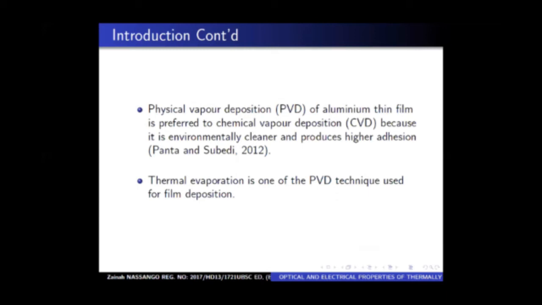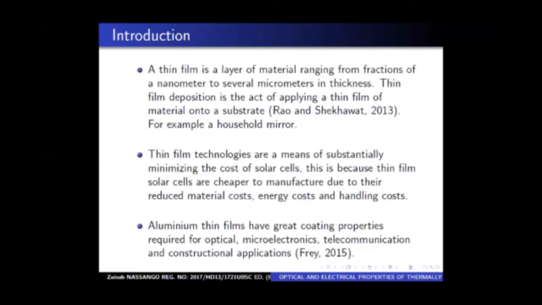I cannot control it. Okay, please get back to the first slide. Thank you very much. So my research is about determination of the optical and electrical properties of thermally deposited aluminum thin films. In my introduction, a thin film is a layer of material ranging from fractions of a nanometer to several micrometers in thickness.